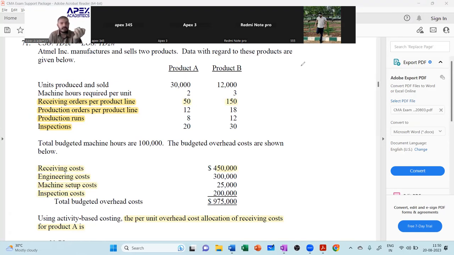The gentleman who had a doubt, about how both are related to each other: this is an assumption that I made. This is based on my experience in teaching costing and my understanding of the concepts. This is my study as a student that helps me understand that receiving cost is based on receiving orders per product line, engineering costs are based on production orders, production runs drive machine setup costs, and inspection costs are based on the number of inspections.